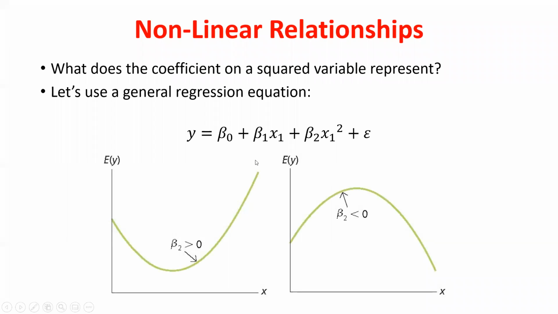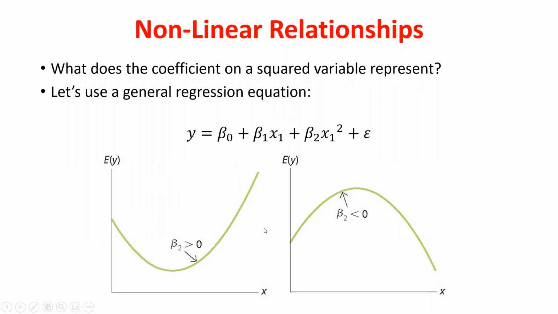And if I've got this upside down U, this concave line here, we would have that squared term being negative. If it's increasing at an increasing rate, we think of it as being positive.